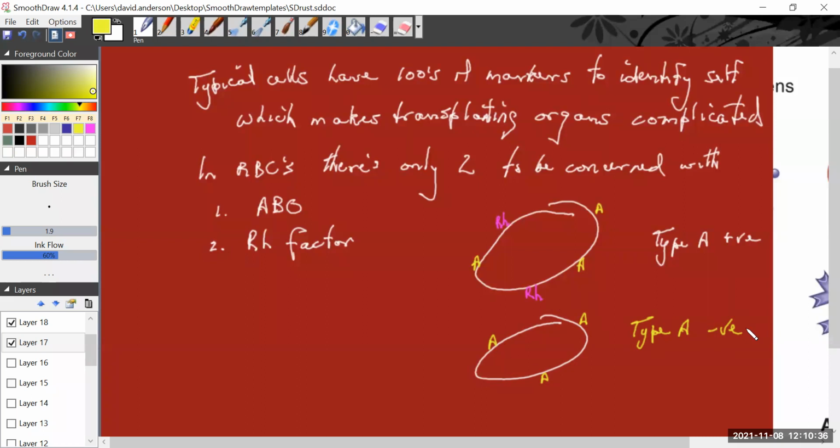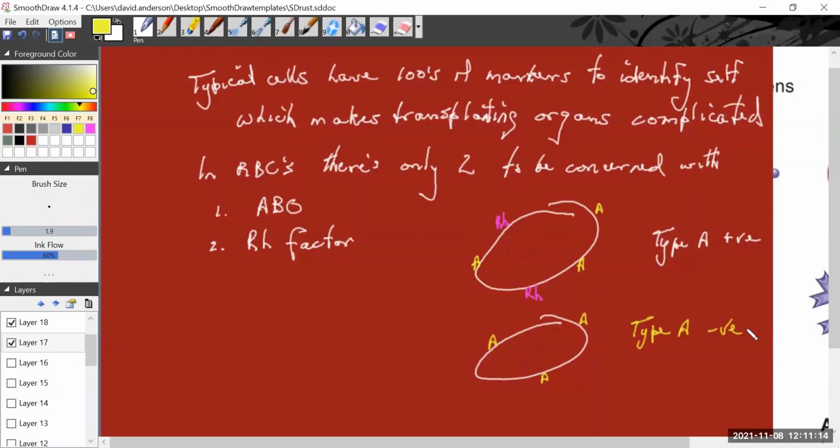So the problem can occur if mom is Rh negative, but she carries a baby that's Rh positive. Now, in the first pregnancy, that's not a problem because mom has not yet been exposed to Rh positive, so she doesn't have antibodies yet for Rh positive. So the Rh factor does not automatically generate antibodies like type A does or B. The Rh factor is more typical. You have to have a first exposure to develop antibodies.